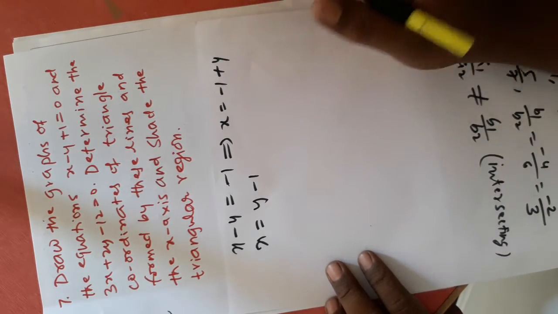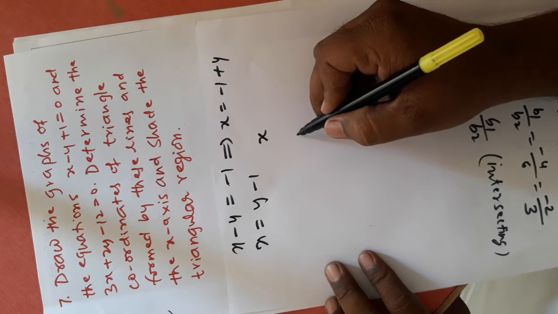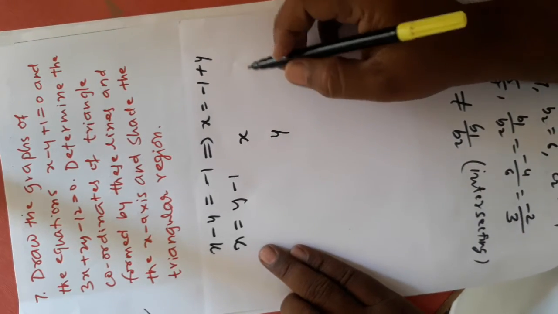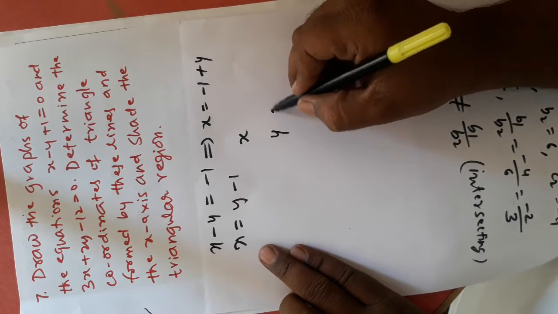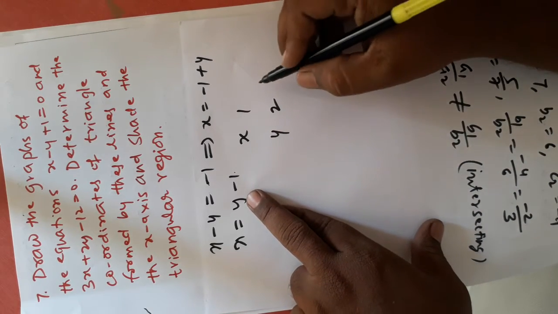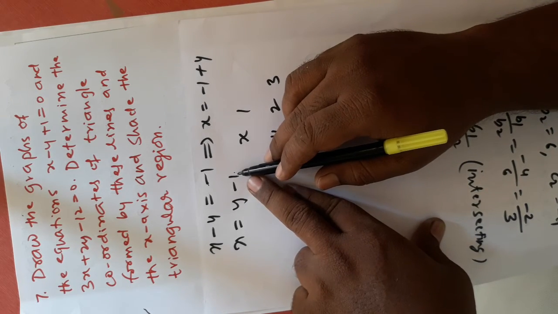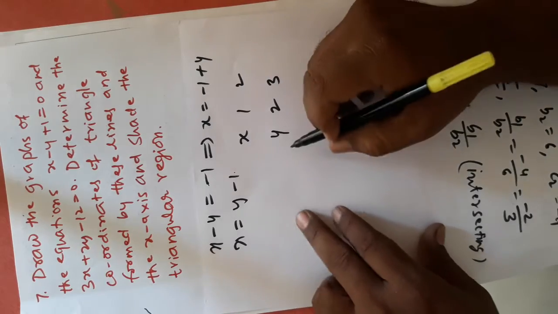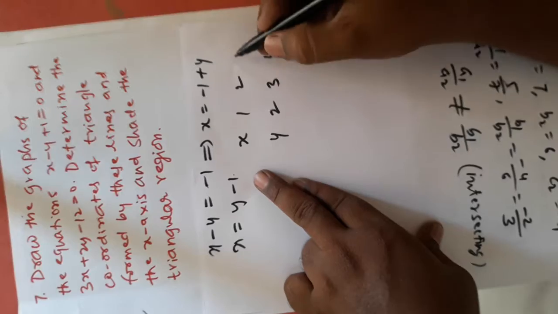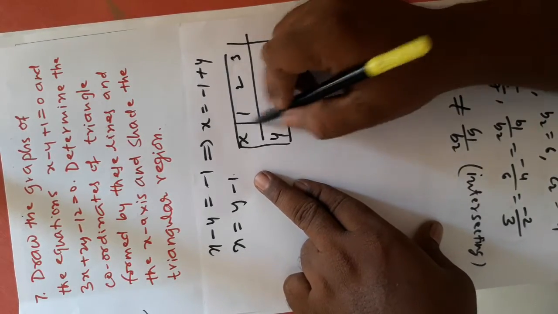We made it simple. x is equal to y minus 1 means you take any values of y and write the corresponding value of x. If I put y is equal to 2, 2 minus 1, I will get 1. If I take y is equal to 3, 3 minus 1, this will be 2. If I take y is equal to 4, 4 minus 1, x is 3. Simple values we got for x and y.